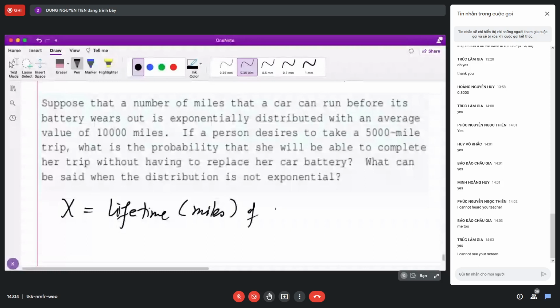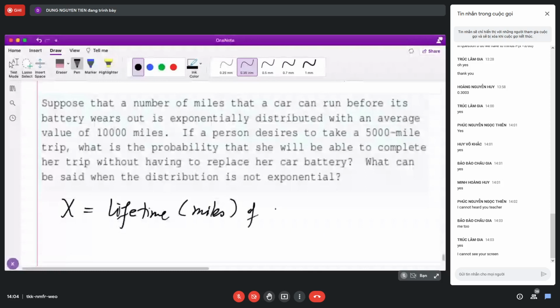And suppose also that S is the number of miles that the car, or let's say the battery, has been used. Okay.